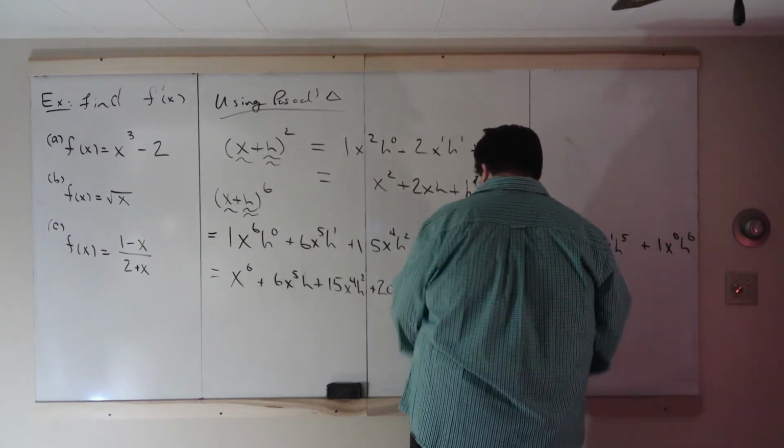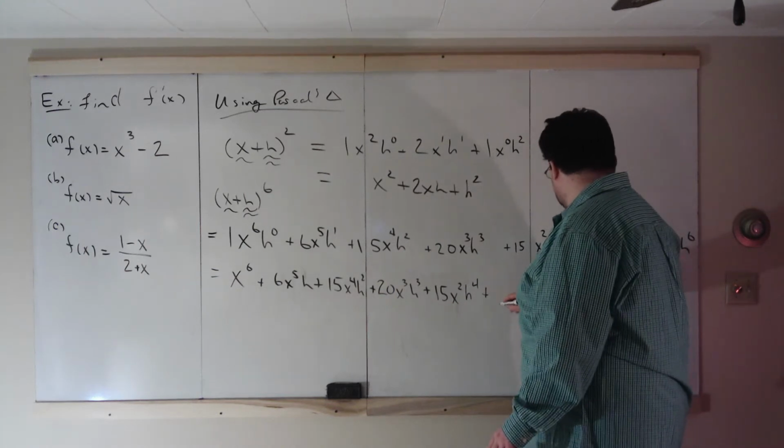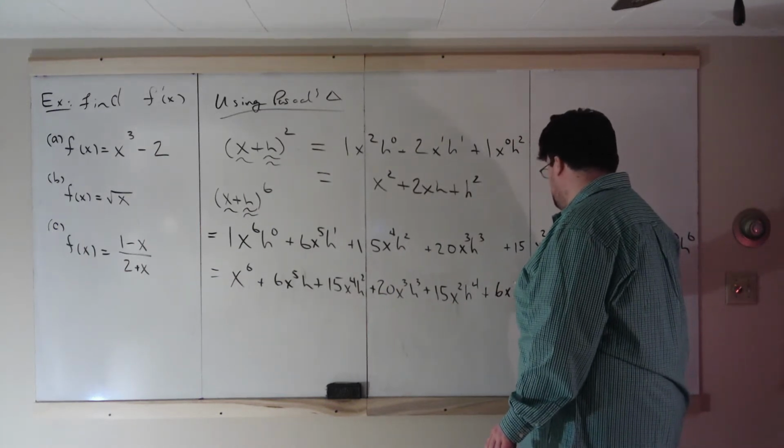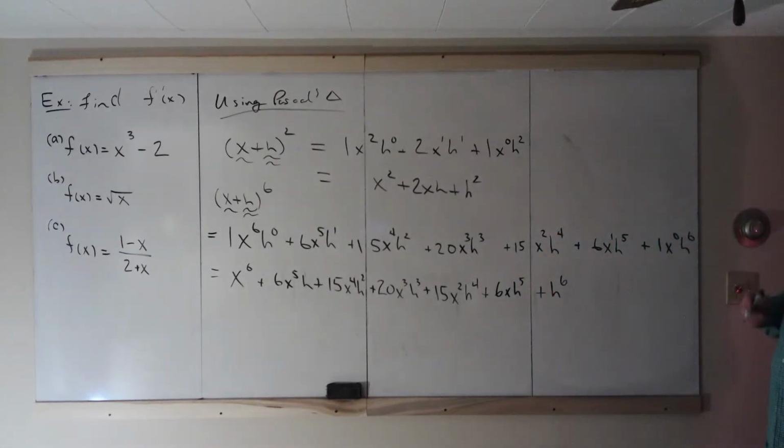I'm erasing because I wrote h to the 5th here instead of h to the 4th. So we get that, and you'll notice in all of these terms there are 6 letters.